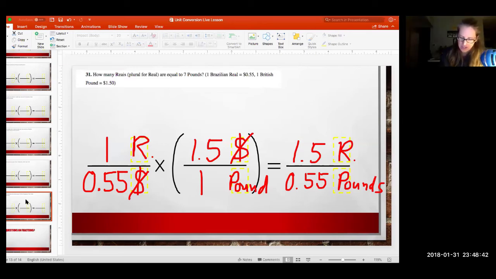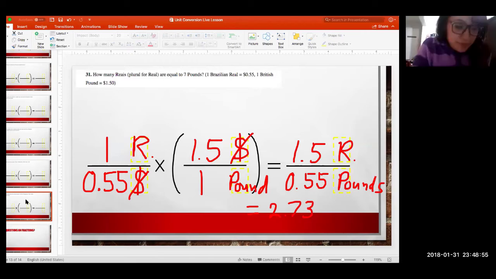So that is equal to 2.7. You know, we're going to round that because there's a 7 after that too, and we're going to round it to 2.73. Okay. And then the question is, how many reals are equal to 7 pounds?